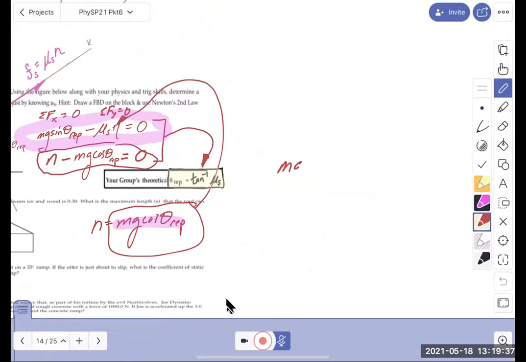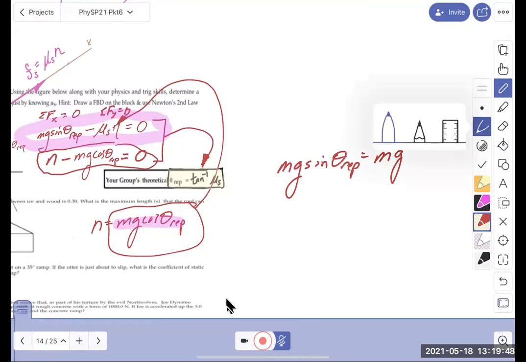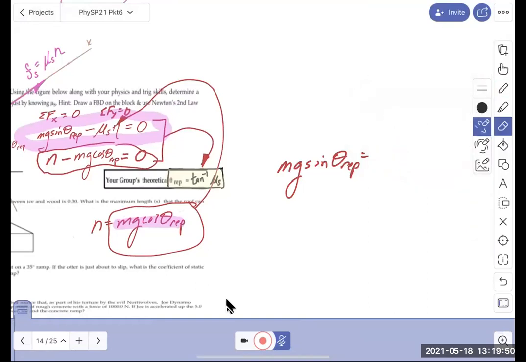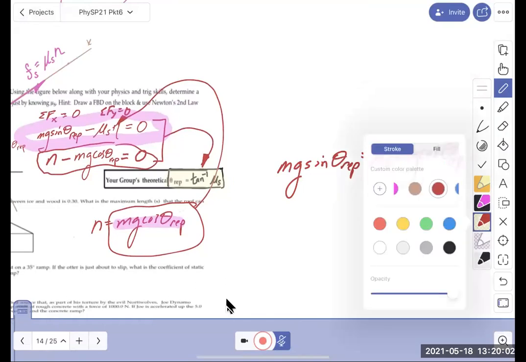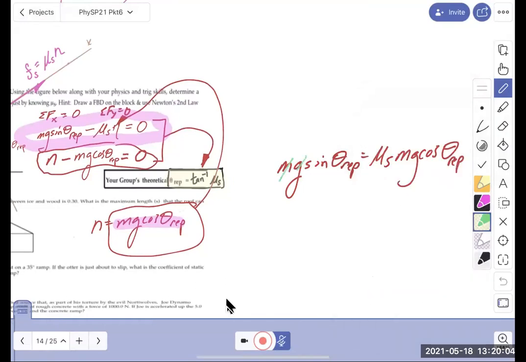mg sine theta rep equals mu sub s times mg cosine theta rep, and that's theta rep, not just any old theta, but the angle of repose. And then, as you see, bring out the green kill pin. We can kill those common terms.